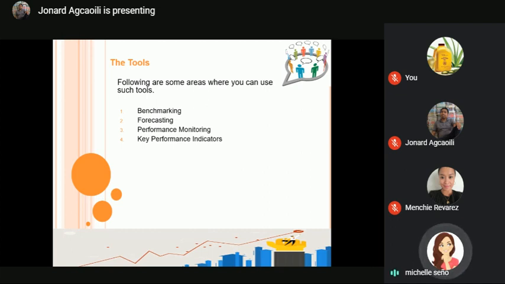Sa MSC po, nung andun pa po ako dati sa research department, during accreditation po, nagbe-benchmark po sila kung ano man po yung kulang ng isang school para makakomply po.